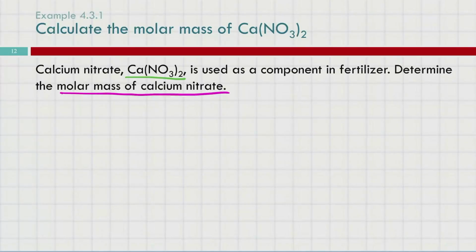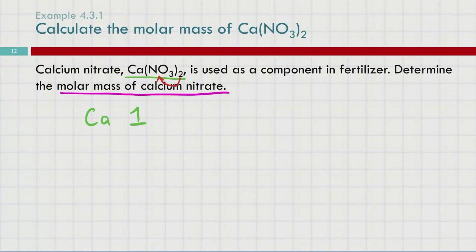So we're going to start off by figuring out how many of each of the elements we have. Calcium is up front. It's by itself. It doesn't have any parentheses around it. It doesn't have any subscripts. We only have 1 calcium. Looking at our next element, nitrogen. Nitrogen doesn't have a subscript, but it's in parentheses, and there's a 2.